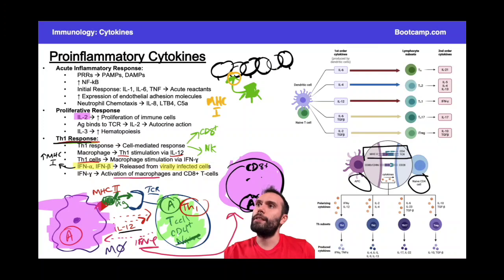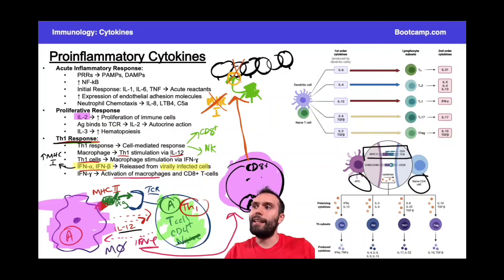It's on all of these cells. Once we find out that there's something wrong with this MHC marker, then these CD8 positive T cells, remember, they are the ones that are binding to MHC1. They are going to go after that cell to destroy it before that virus can hijack the cell machinery and then affect all of the cells around it. Okay, so that's the point of MHC1 simply.